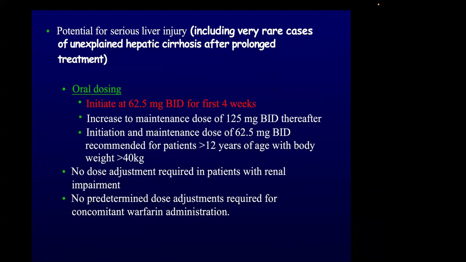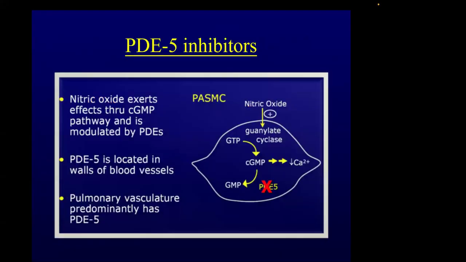The oral dose is initiated at 62.5 mg BD for the first 4 weeks, then increased to a maintenance dose of 125 mg BD thereafter. The initiation and maintenance dose of 62.5 mg BD is recommended for patients 12 years of age with body weight more than 40 kg. No dose adjustment is required in patients with renal impairment, and no predetermined dose adjustment is required for concomitant warfarin administration.